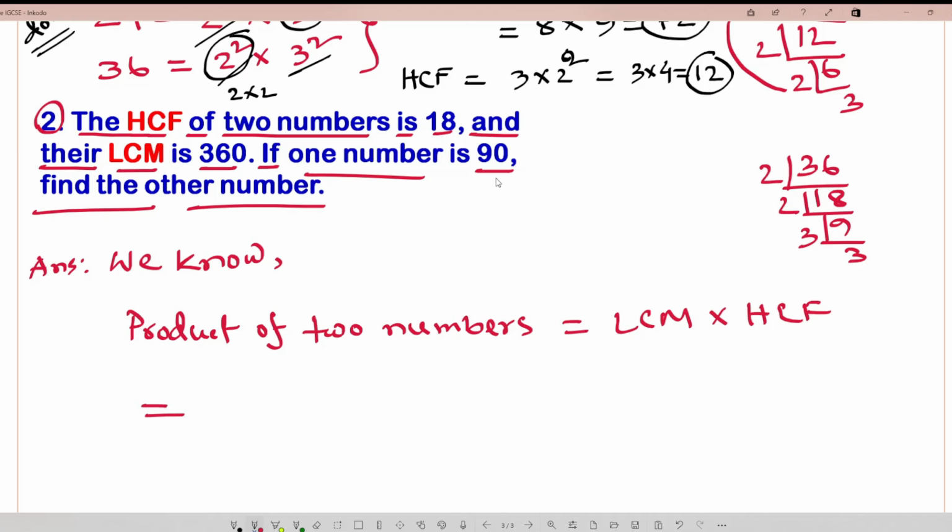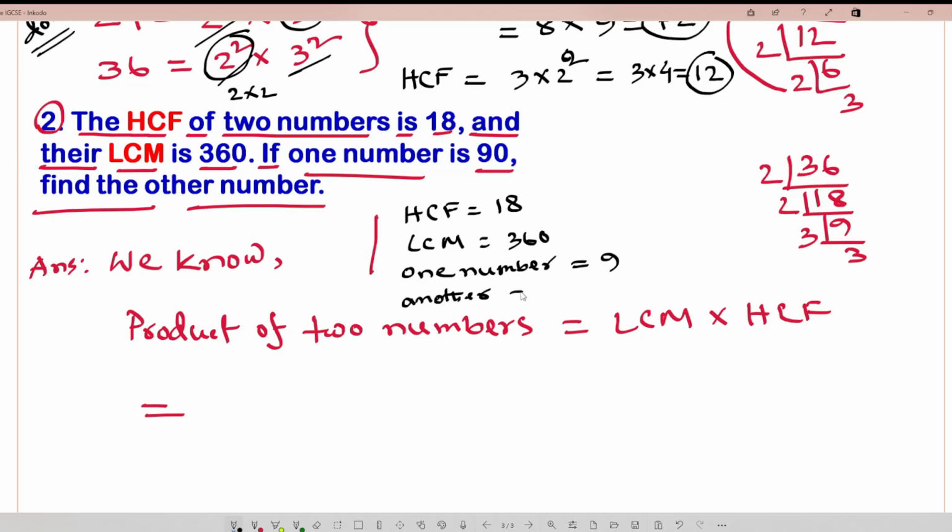So we know already one number. Look what we will get from here. HCF equals 18, LCM equals 360, one number is 90, another number we don't know, so this one is X.